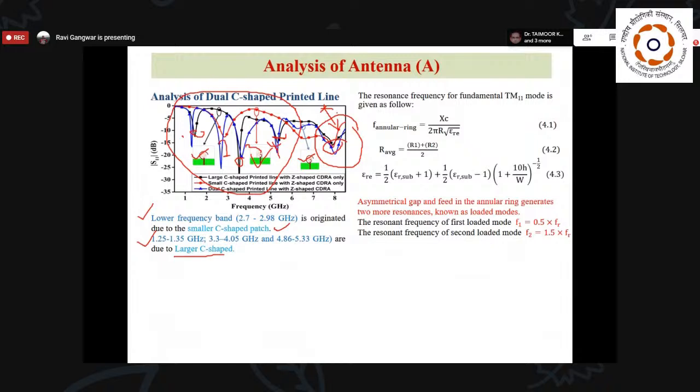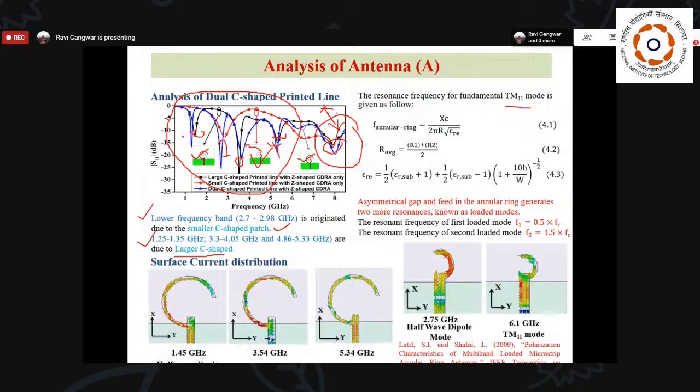Here I have done some smaller mathematical analysis to check whether what we get from the curve is correct or not. We analyze the resonant frequency of the TM11 mode, and from that we can calculate the fundamental frequencies using the following relations.